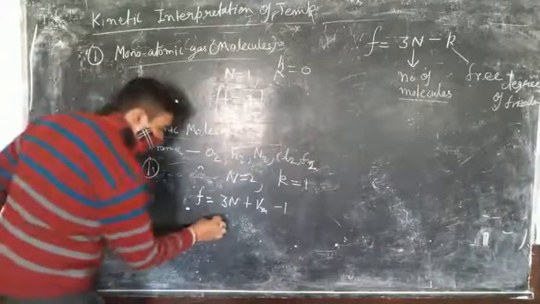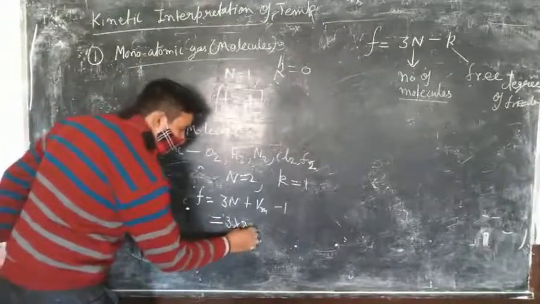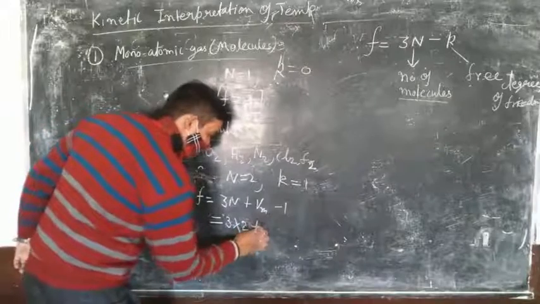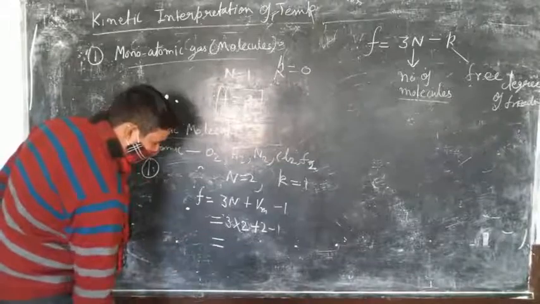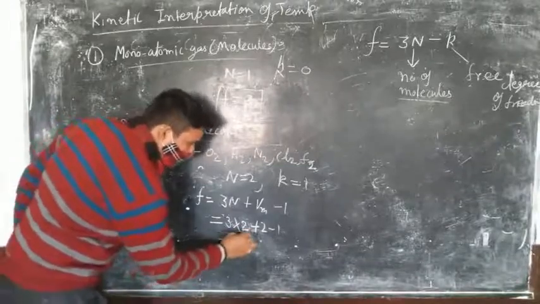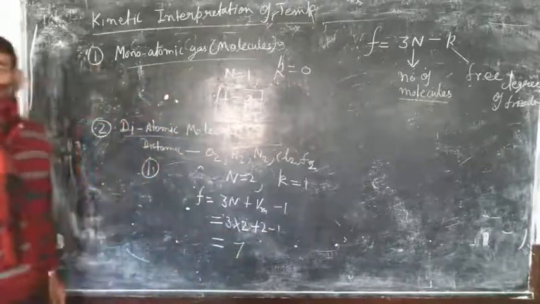So this will be 3 into 2 plus 2 minus 1, which gives 7.